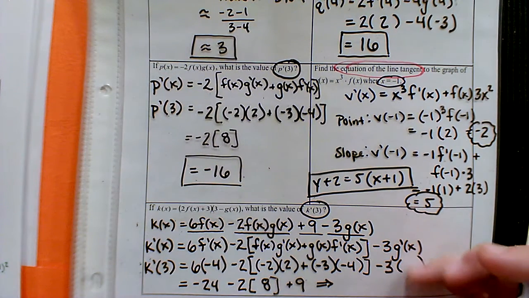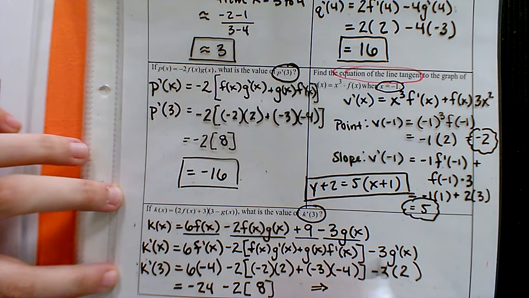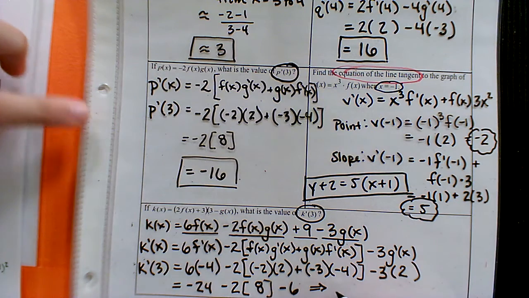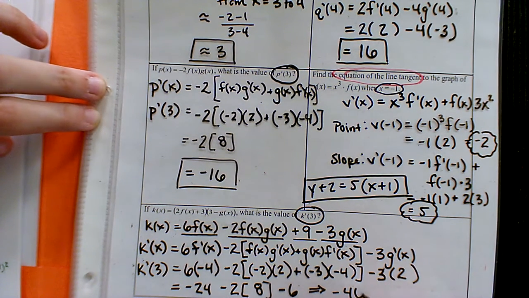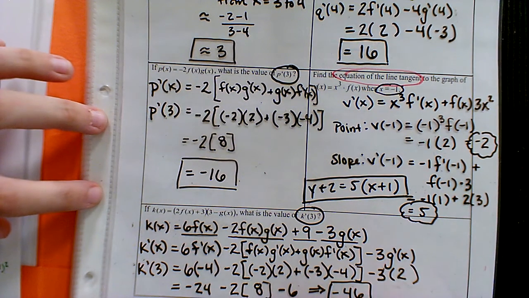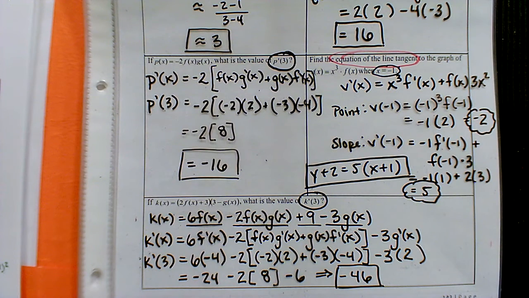Yeah. Oh, I looked at the g table. My bad. So this would be minus 6. Thank you. So negative 24 minus 16 minus 6, negative 46. Is that right? Yeah. Sound good? All right. Checks out.